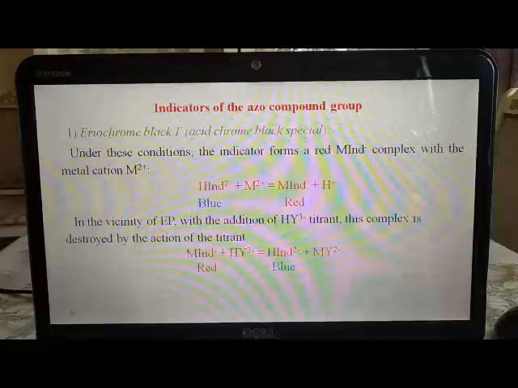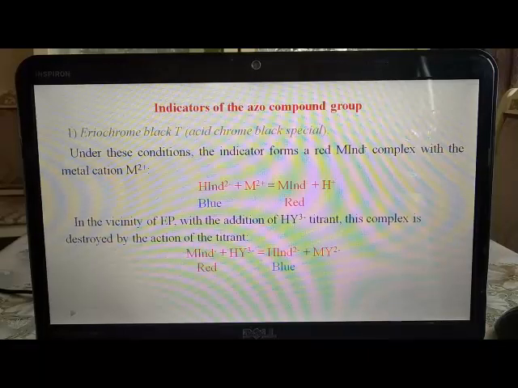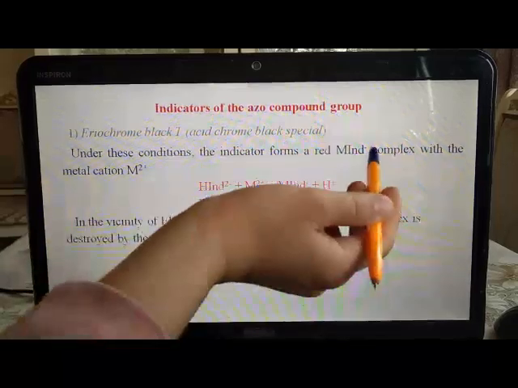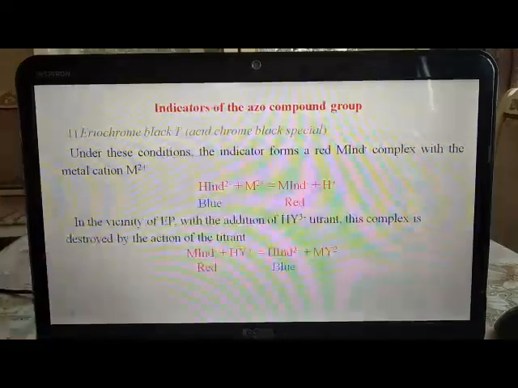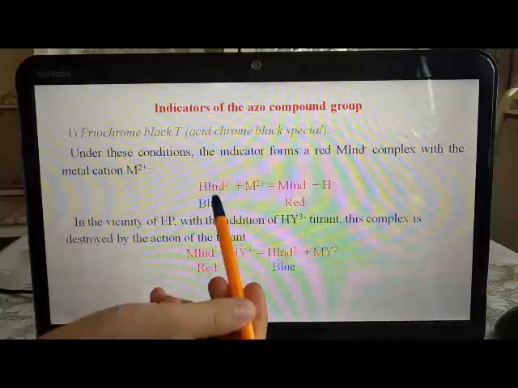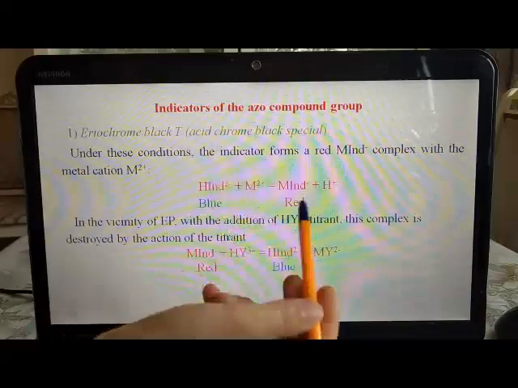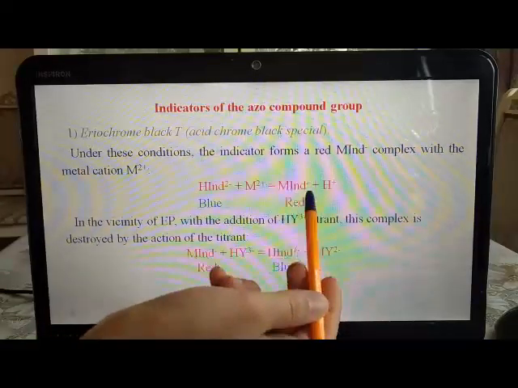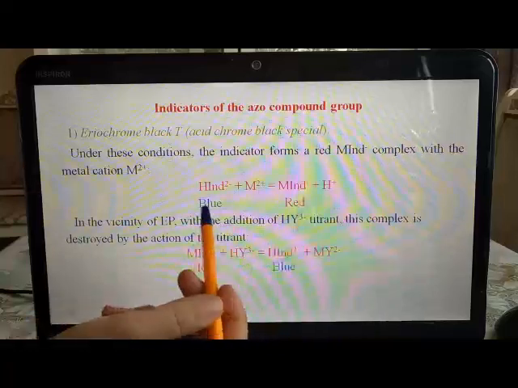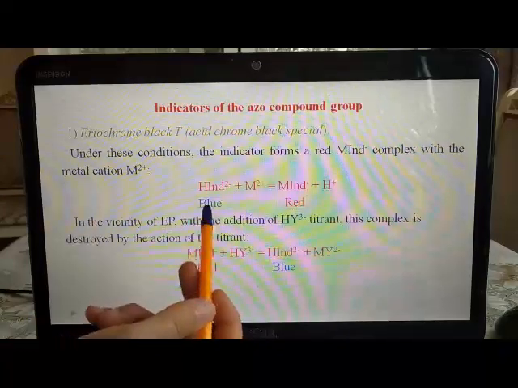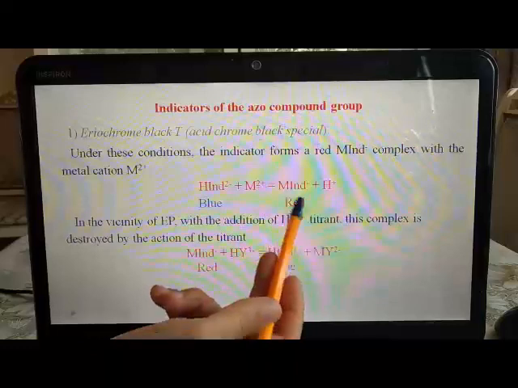Indicators of the azo compound group: Eriochrome Black T, or another name, acid chrome black special. Under these conditions, the indicator forms a red complex with a metal cation. Before the reaction the indicator is blue, and after the reaction it is red.